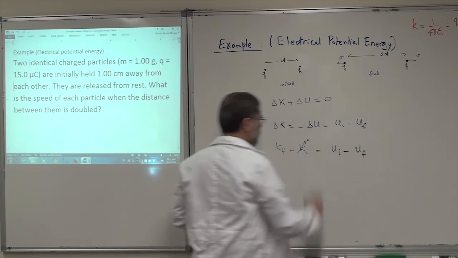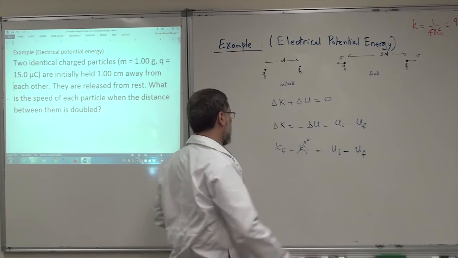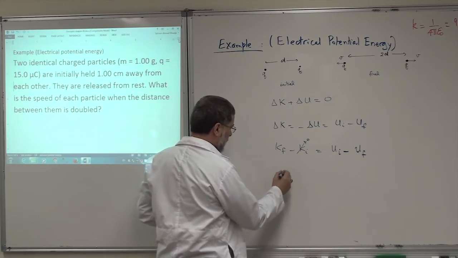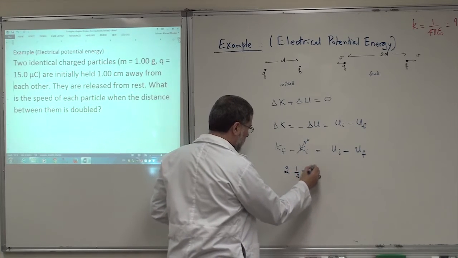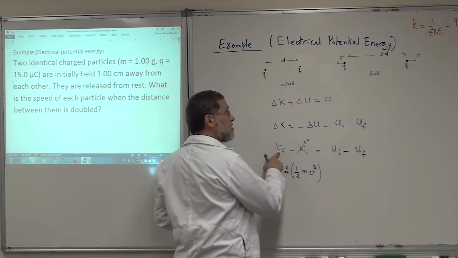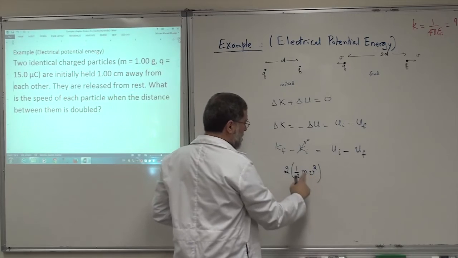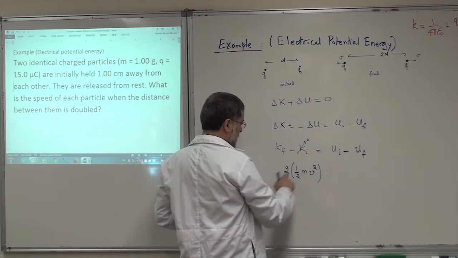I hope you know how to calculate U initial and U final when you are given the configuration. Here we have only two particles, okay? So K final here is 2 times half mv squared, because this K final is of the system, which is the two particles. Each particle will have half mv squared. The mass is the same and the speed is the same, and therefore you multiply by 2.